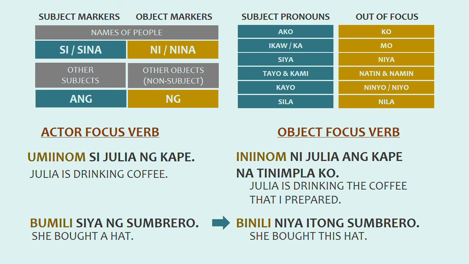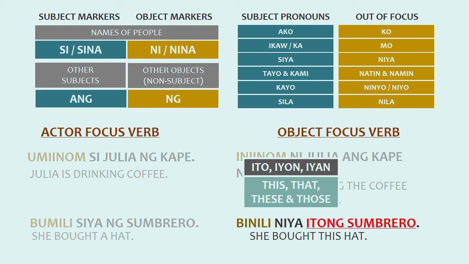But if you look at the other example where we used the object-focused verb, we used niya for she, because this time, the receiver of the action should be the subject, itong sombrero. By the way, I did not use any subject markers for itong sombrero. You just have to remember that if you're using demonstratives, like ito, iyon, iyan, or this, that, these, and those, there's no need to use markers.